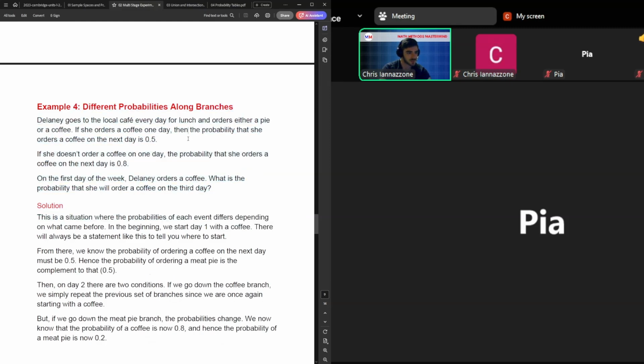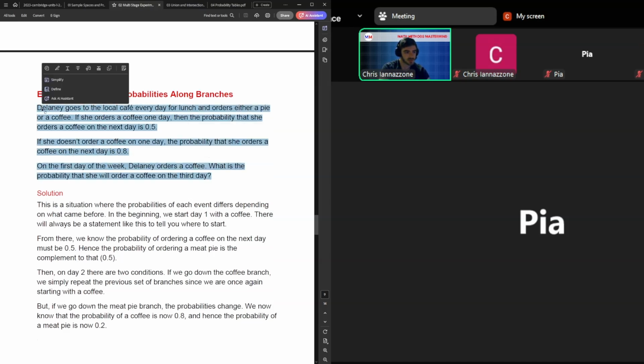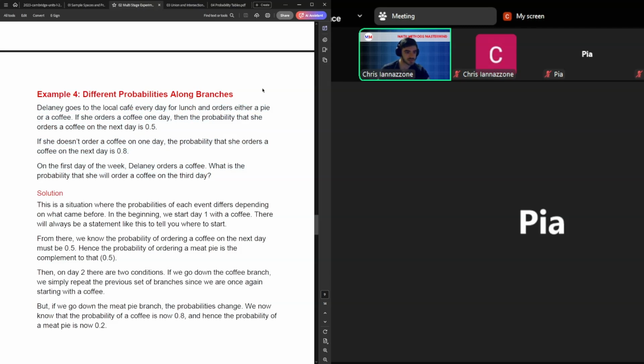From there is also the possibility of getting different probabilities along the branches. The kinds of questions that come across in that circumstance are ones like conditional probability questions. So in this case, we have a scenario where Delaney is going to a local cafe and ordering either a pie or a coffee on any given day.